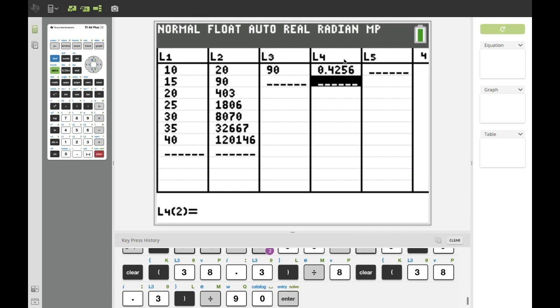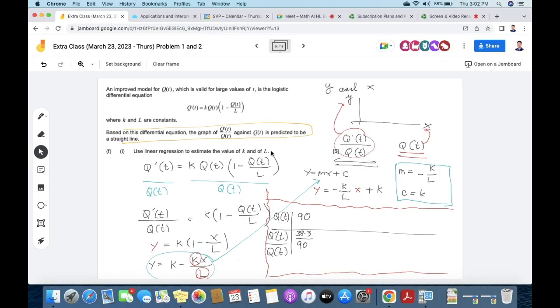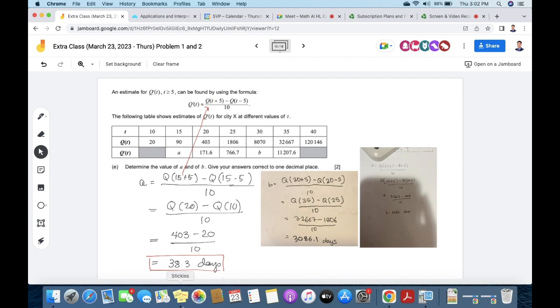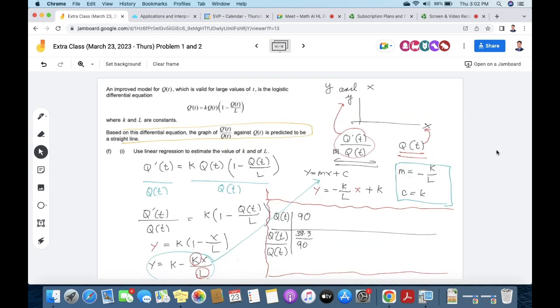Can you complete this one, please? Fill in all the information here. So I'll show you the table. It's q of t and then q prime of t over q of t. Let me just copy this table to the other slide. Let me cover it first.